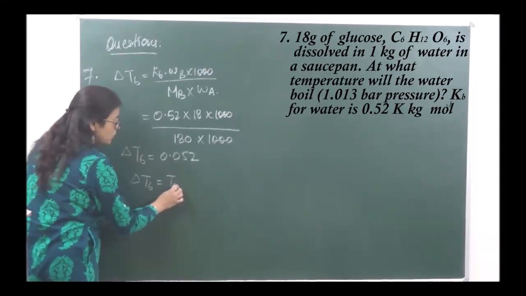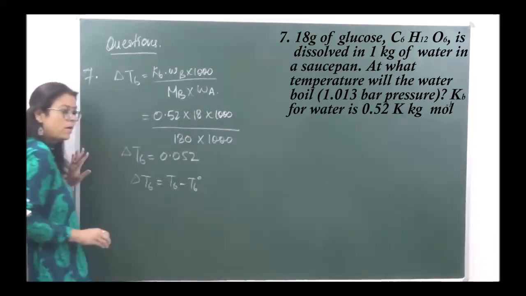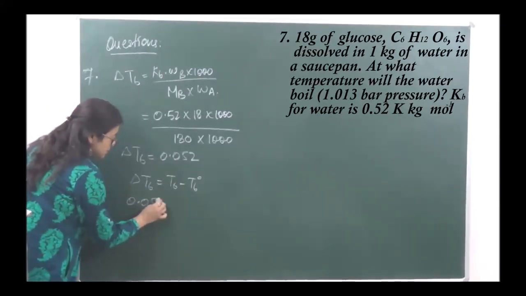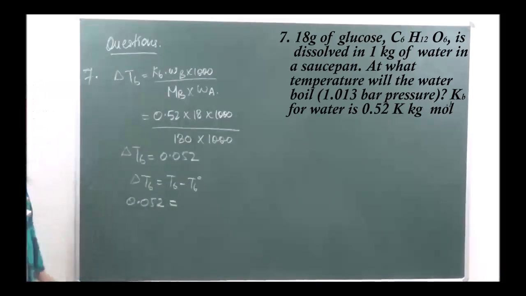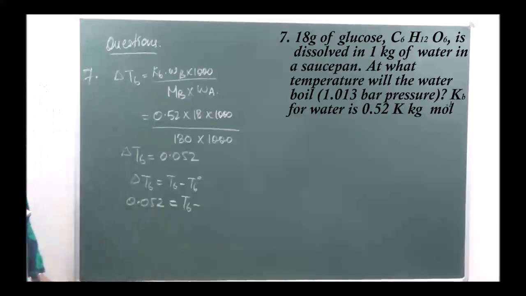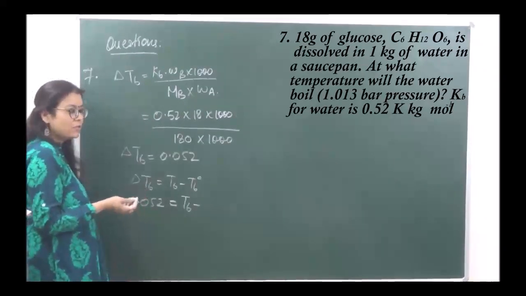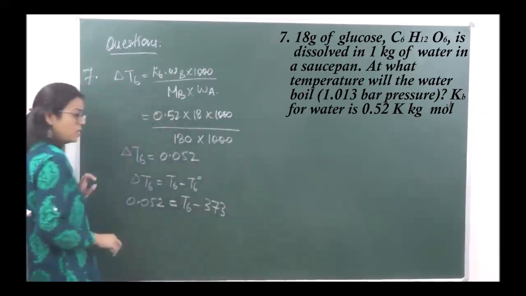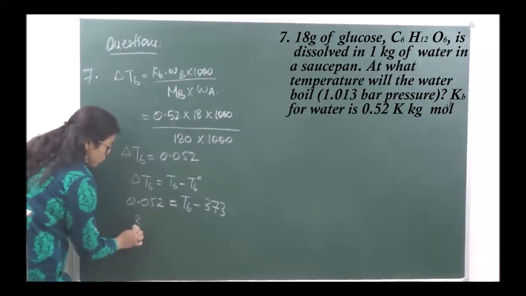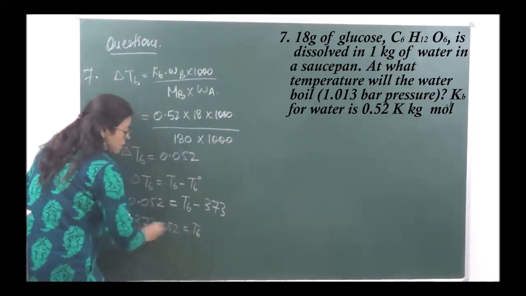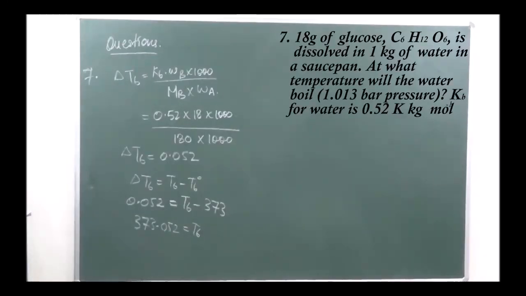Delta Tb is equal to Tb minus Tb naught. Delta Tb is given, Tb we have to calculate, and the boiling point of water we generally take as 373. So Tb becomes equal to 373.052. That is going to be the boiling point of the solution.